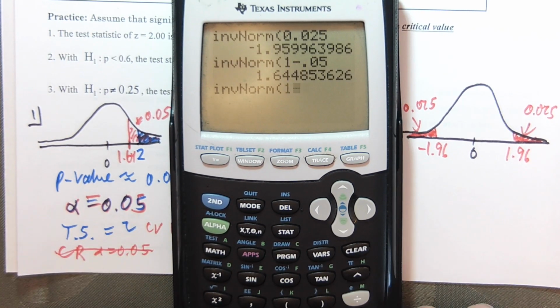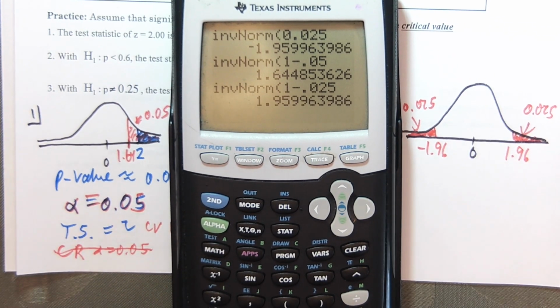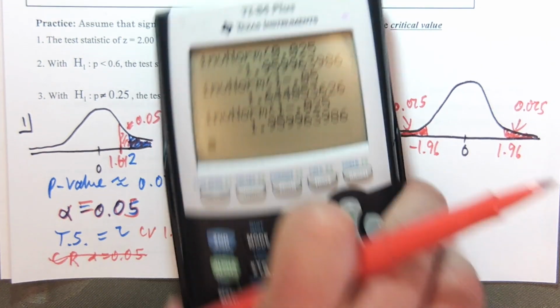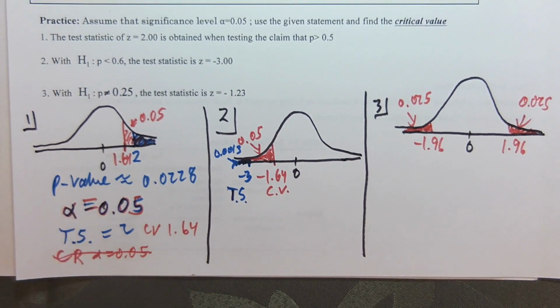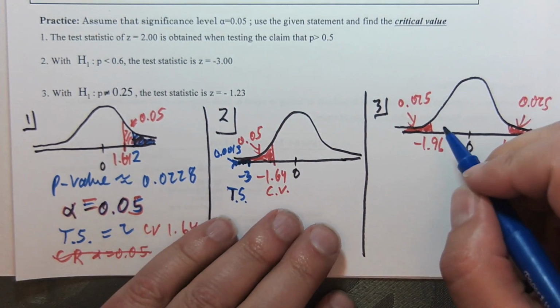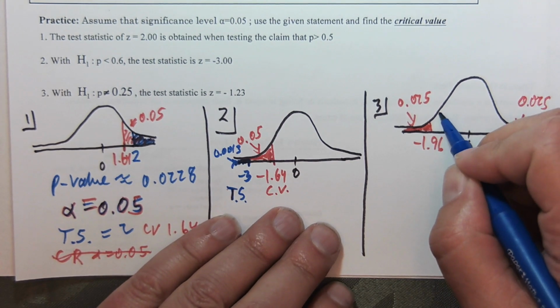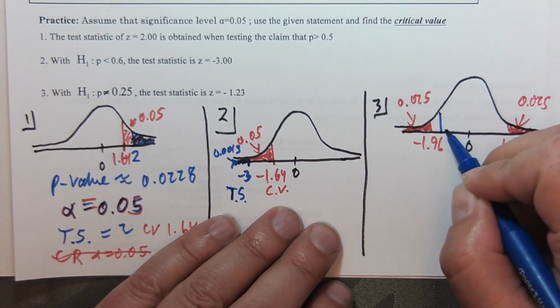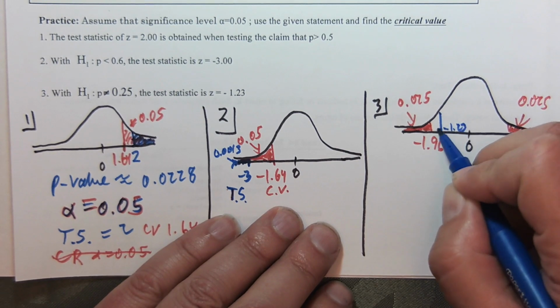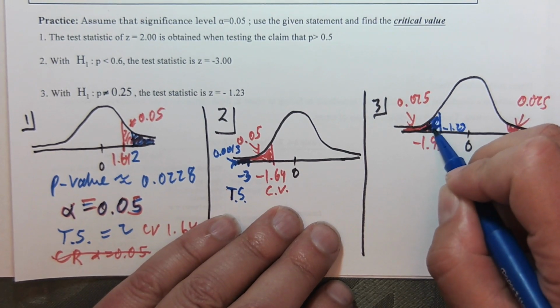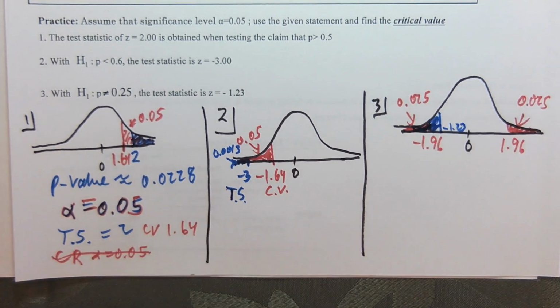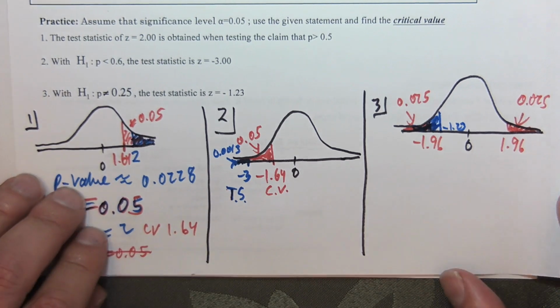And you can see that it is the same. This is versus the test statistic, which we got, which is negative 1.23. In this case, you can clearly see that one is bigger than the other. All right. Clear as mud, right?